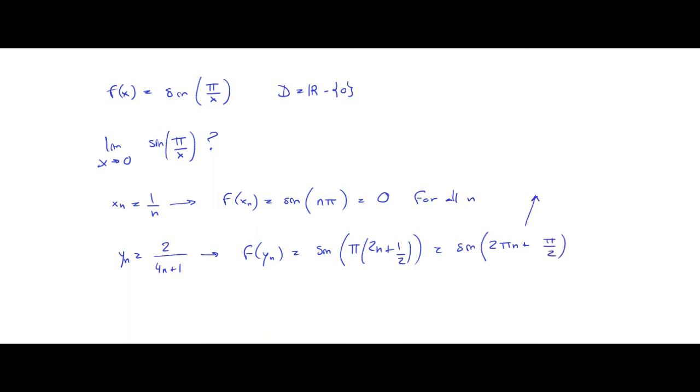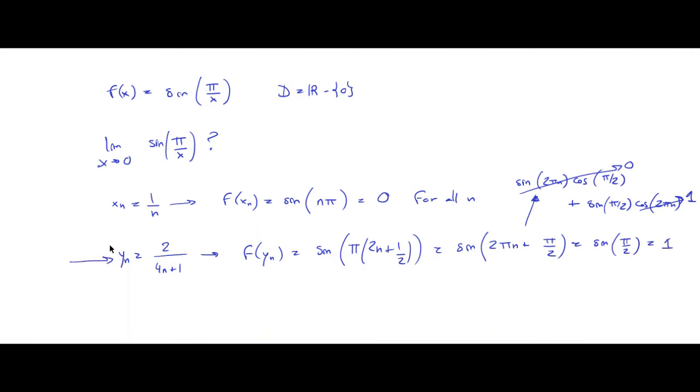Using the sine of the sum formula, this is equal to the sine of 2 pi n times the cosine of pi over 2 plus the sine of pi over 2 times the cosine of 2 pi n. Now the sine of 2 pi n, we know it's 0, the cosine of 2 pi n is 1, so this is equal to the sine of pi over 2 for every n, and this is equal to 1.